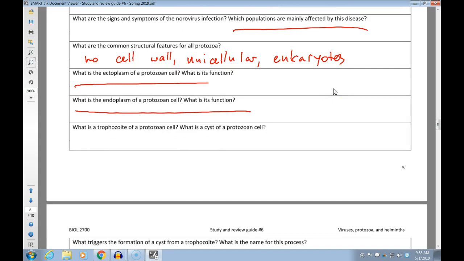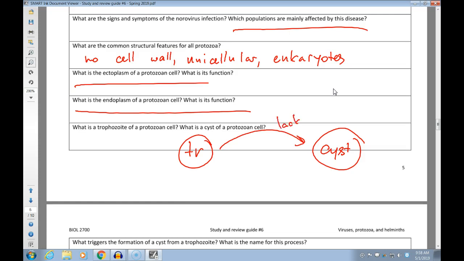Now, trophozoites. I'm going to write it down again for you. So we're going to call trophozoite TR, okay? And cyst. What stimulates the cyst formation? I would add water or lack of water, okay? What stimulates the formation of trophozoite? Presence of nutrients and adding water.